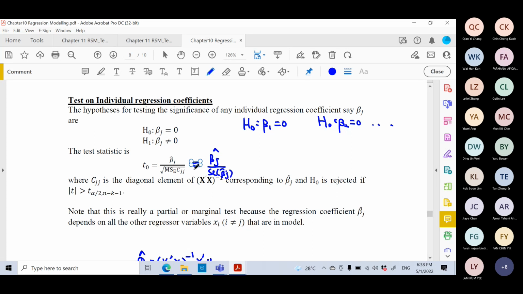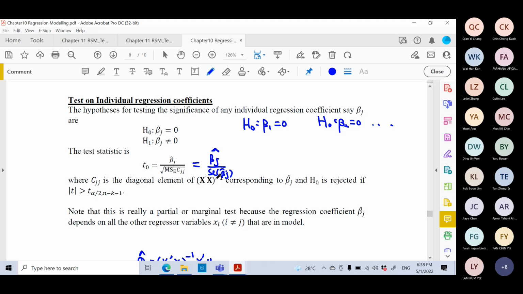This whole thing is in fact called the standard error. You use the MSE, then multiply by Cjj. Cjj is the diagonal value of the inverse matrix of X prime X. When you calculate it, it is equal to 1/4 for our previous case.